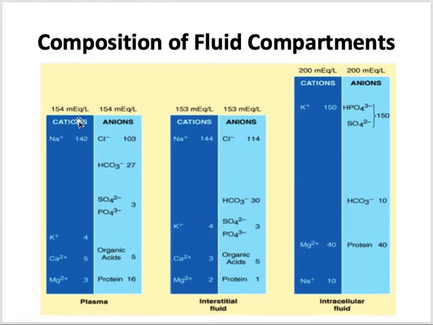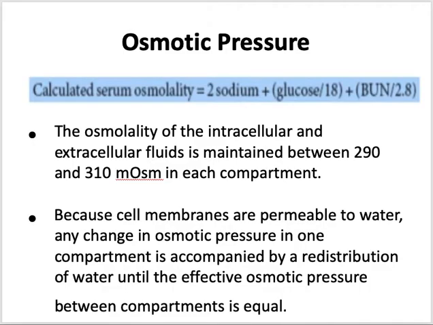So normally in ECF, in the plasma, the sodium is 142. So 142 multiplied by 2 will become 284, which is very close to the normal osmolality of the blood, right?